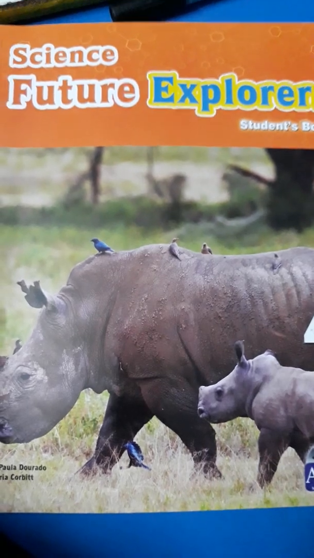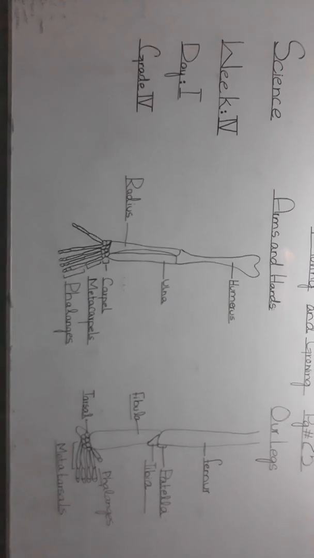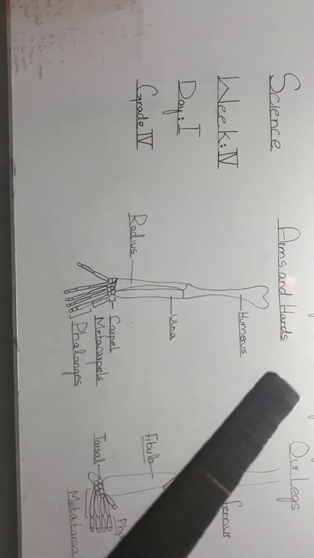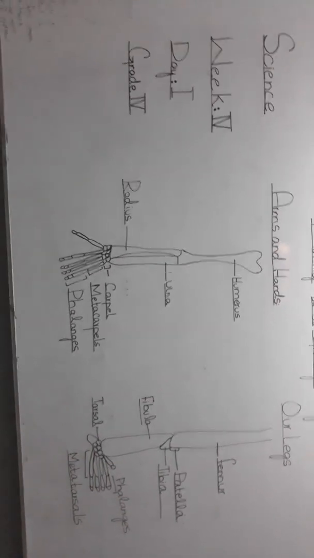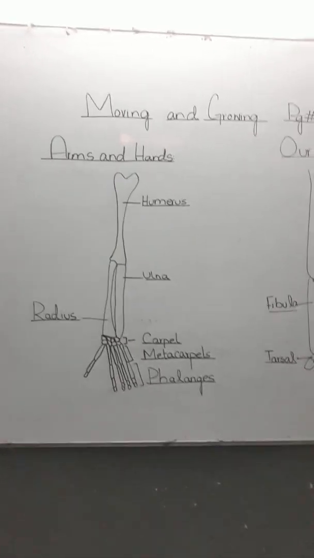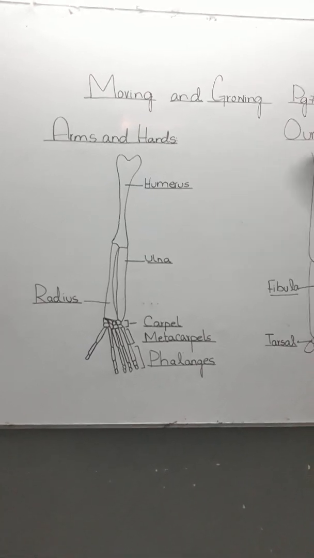Open your book, page number 25. First we will study the bones in our arms and hands. Number first, the bone in our arm at the upper portion is called the humerus.